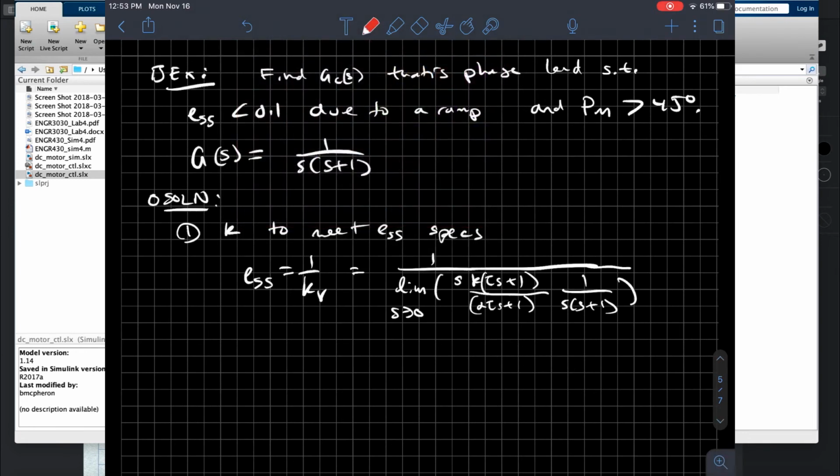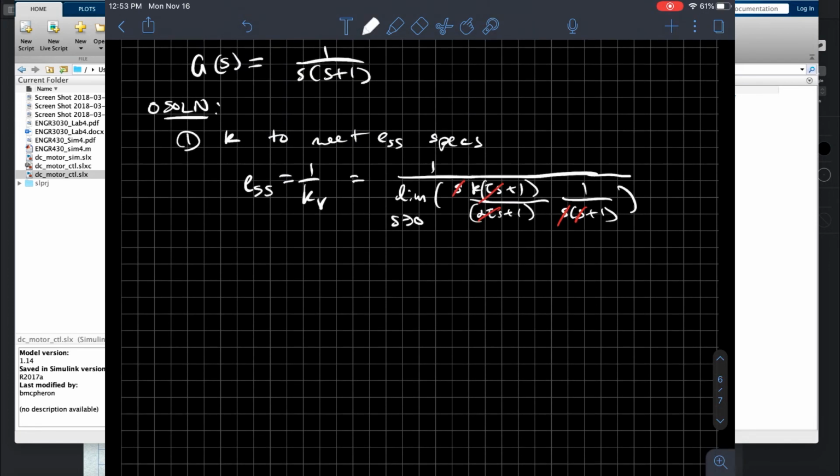If I evaluate this, I see that this is a type 1 system, and so those s's will cancel. As s approaches 0, tau s becomes 0, alpha tau s becomes 0, s becomes 0, and so what I'm left with is ESS is equal to 1 over K. And I want this to be less than 0.1, so K needs to be greater than 10.